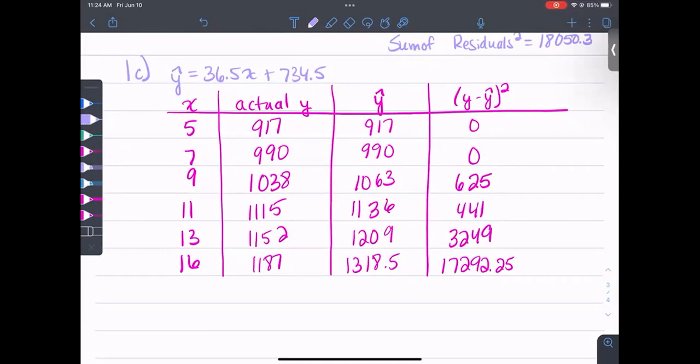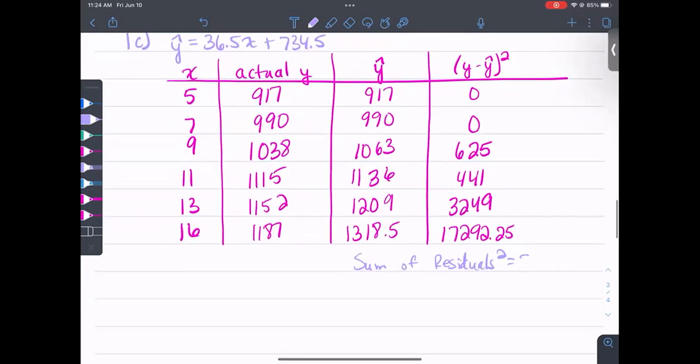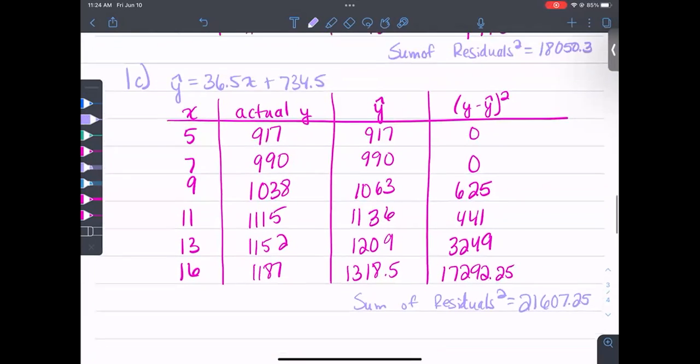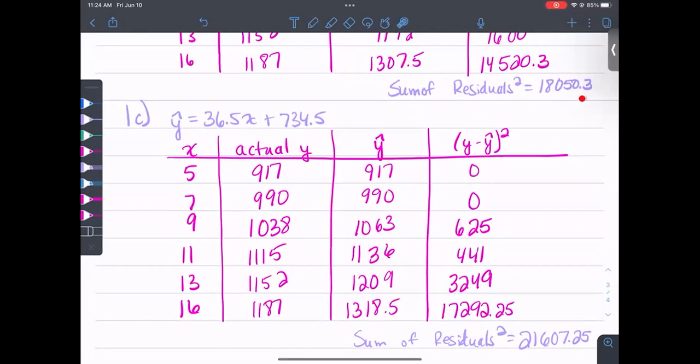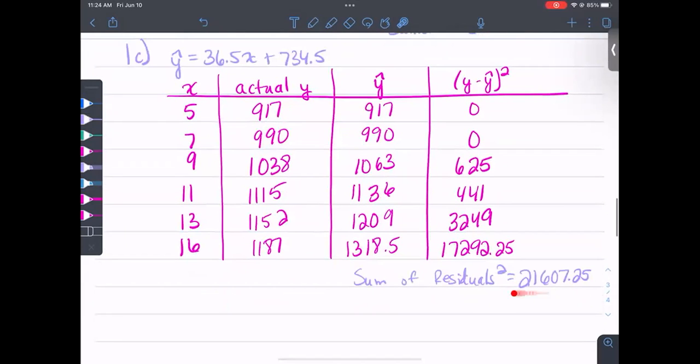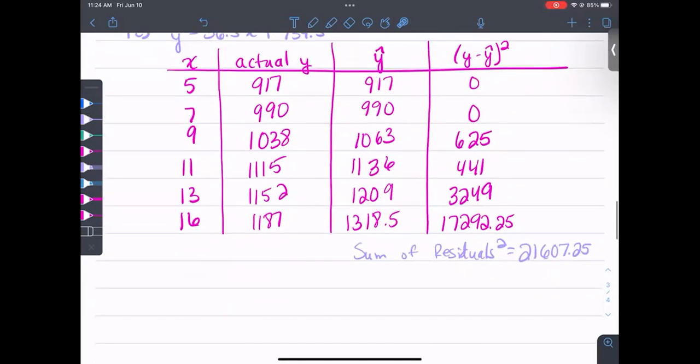Okay, after you've created that whole table, again, you calculate the sum of your residuals squared. And I got 21,607.25. So in comparison, the sum of the squared residuals of the first one is lower than the second one, which means it is a better line.